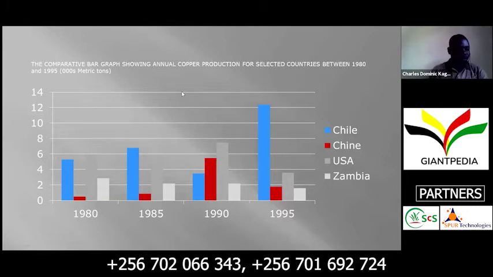If there is no question, we are only left with about 23 minutes. I want to give you something to do so that we also try to see what we can do ourselves. So these are comparative bar graphs. Now, if they were line graphs, they would still be the same. We would plot here, and also here, and here, and here, and join from here to here to here, and we would use blue for that.